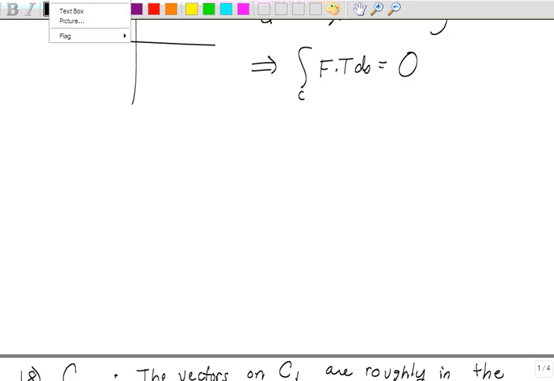Okay, let's look at 28. Again, we have a line segment, so we'll go ahead and get the parametric equations for it.